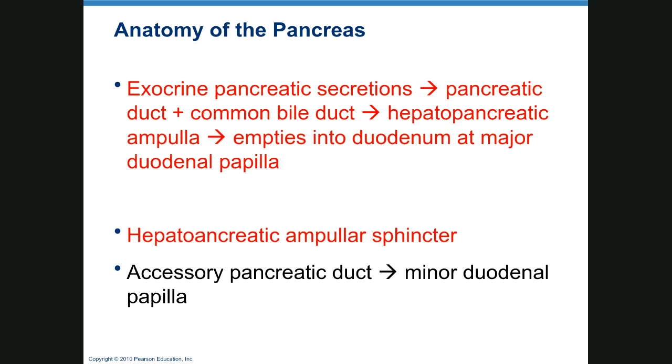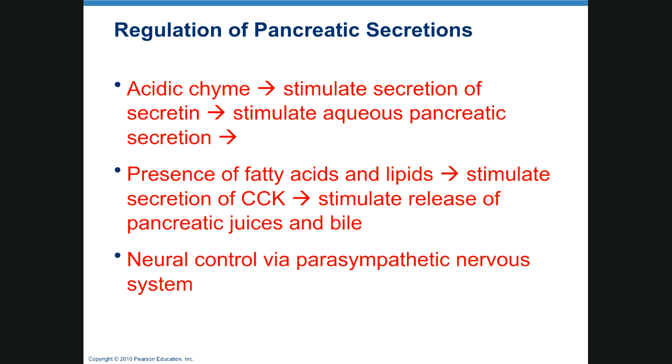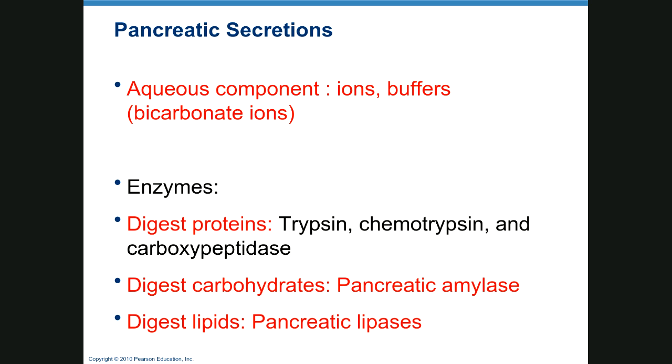Pancreatic secretions mix with bile, and they're secreted together in the hepatopancreatic ampulla, which is into the duodenum. Okay, so the pancreatic secretions have a couple of components. They have ions and buffers, like bicarbonate ions, which are going to act as buffers, trying to buffer the acidity of the chyme that arrives from the stomach into the duodenum.